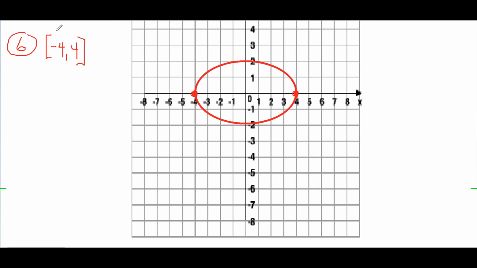This is the domain, D for domain. The range is going to equal another bracket with -2, comma, +2, and then close it up with a bracket as well. Even though a dot is not there, there's no way this y value will get any larger than 2. It's enclosed in that ellipse.